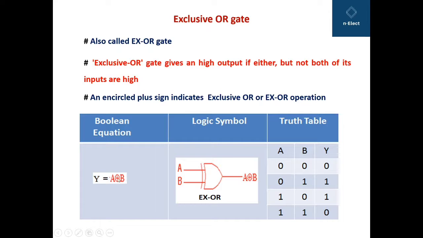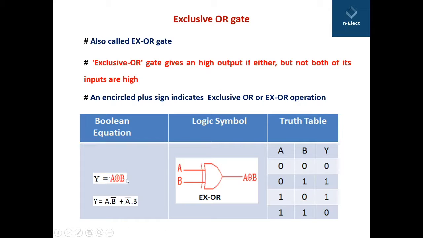So if two input XOR gate is there, A and B are the inputs of XOR gate with symbol like this, then at the output you will get A circled plus B, and the truth table for the XOR gate, where you can see the output is high when the inputs are different and the output is 0 when the inputs are same.